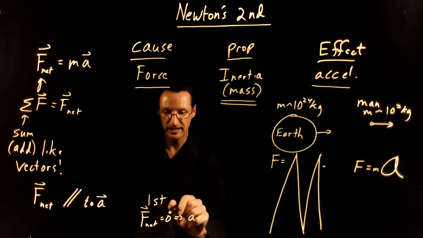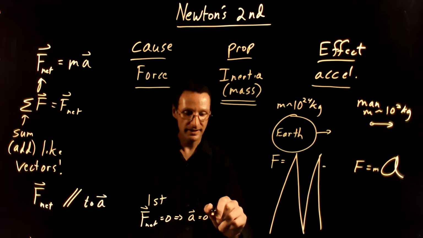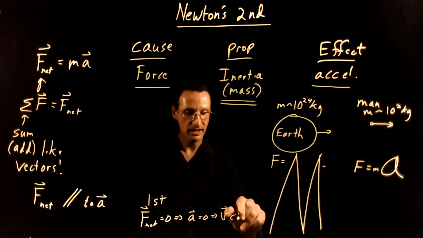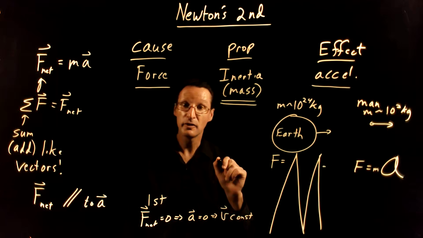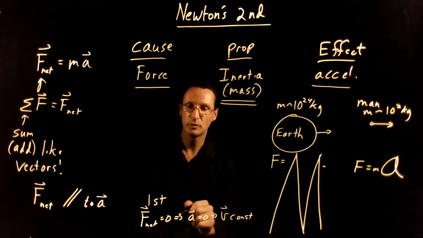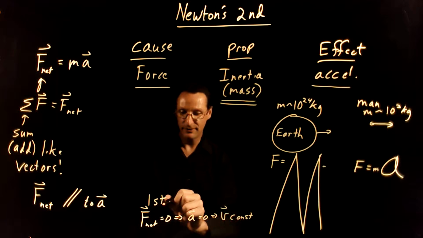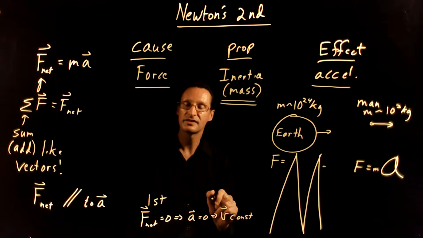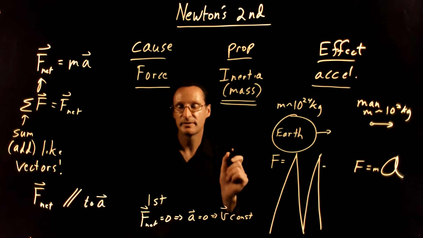And of course, these are vectors, so the acceleration vector will be 0. This 0 acceleration means that the velocity will be constant, and the velocity is a vector. So not only will the speed be constant, but the direction will be constant too. So that means that if there's no force, things will move in a straight line at constant speed forever and ever. And this is just from the second law.